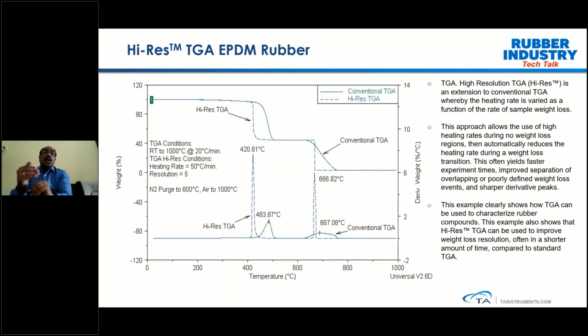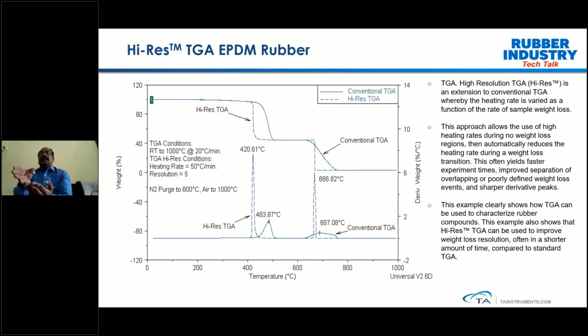So in this case, though we started off the heating rate initially at 50 degrees centigrade per minute, as soon as the sample reaches the initial weight loss, which is observed around 420 degrees centigrade, the heating rate will be completely reduced, which allows the kinetics to complete, and we allow the sample to decompose fully, and that will give a sharper weight loss. Afterwards, once the weight is stabilized and your derivative is close to zero, the heating rate kicks off again and goes to the higher range.